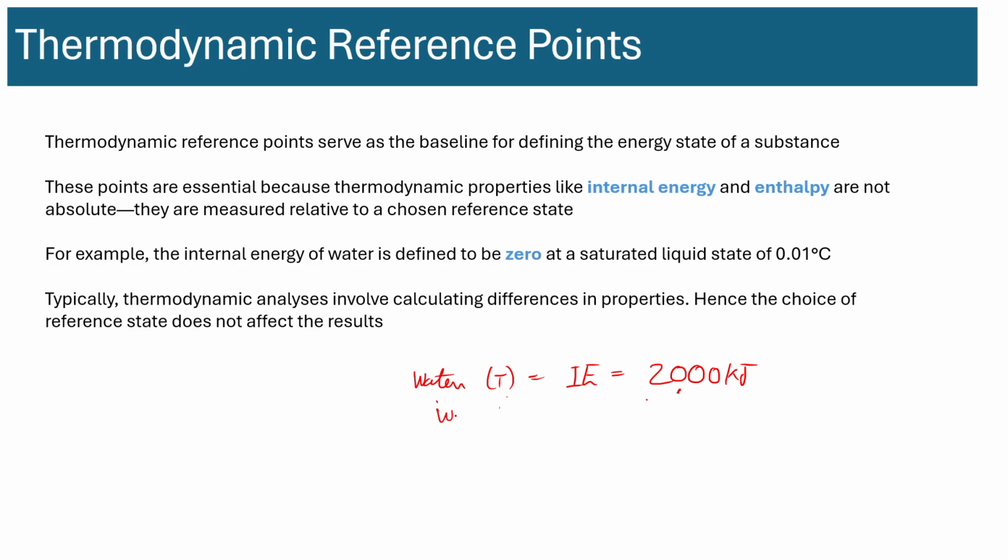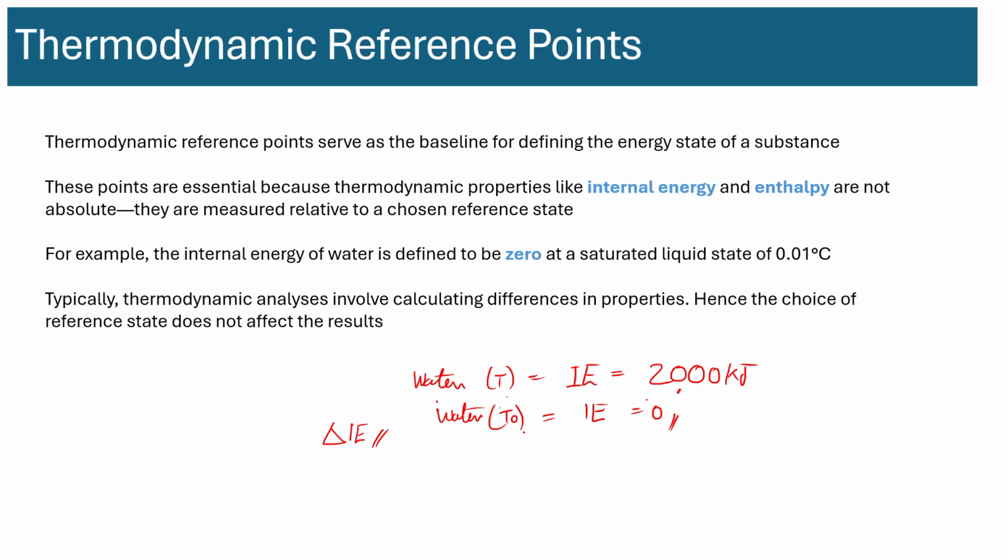We have assumed that at some other temperature T naught, internal energy is zero. Based off of that, if we add heat to water and we know how much we are adding, that creates a delta energy. The delta internal energy is all we are interested in.